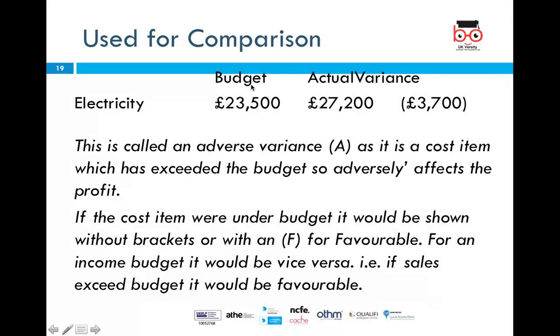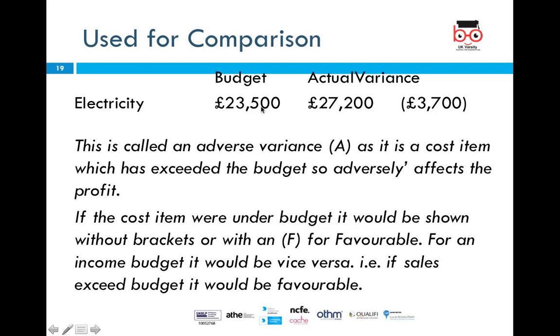Now, in practice, for example, we have a normal budget, which is the forecast budget, say the cash forecast budget, and in practice there is the actual budget. For example, in the company, there is the electricity consumption. The budgeted amount is 23,500, but in actual, 27,200 has been consumed.